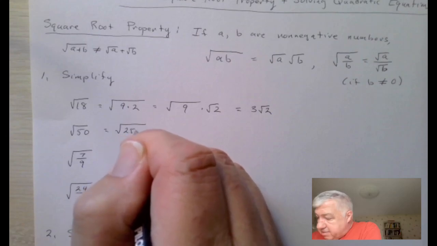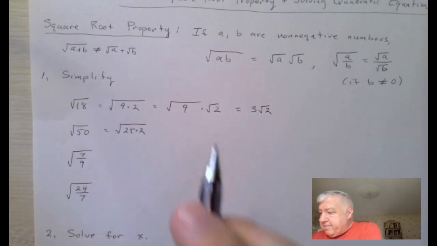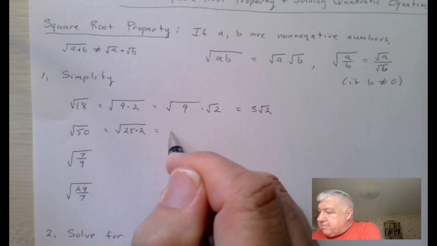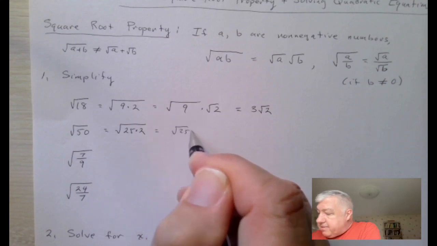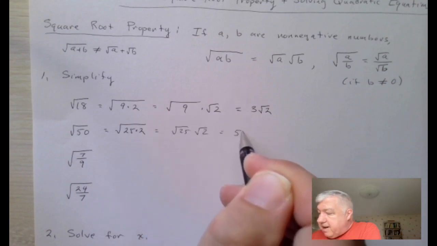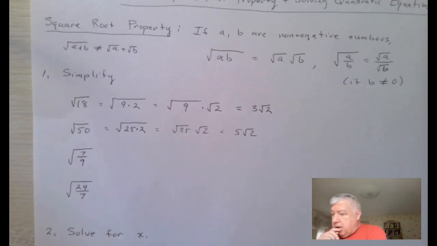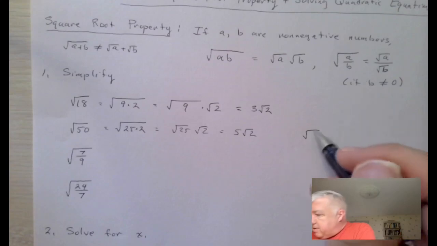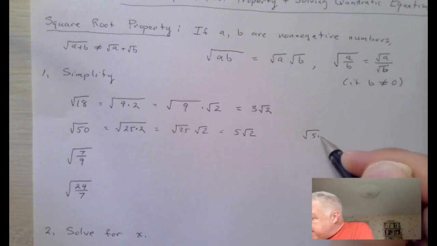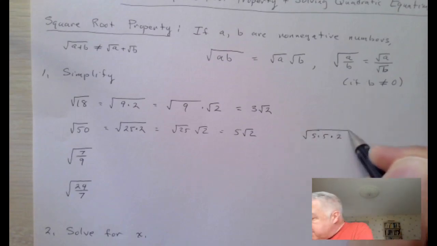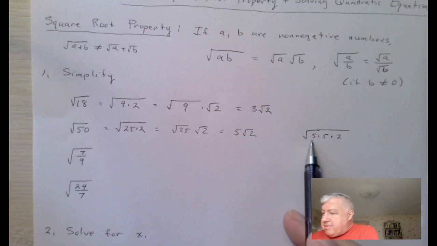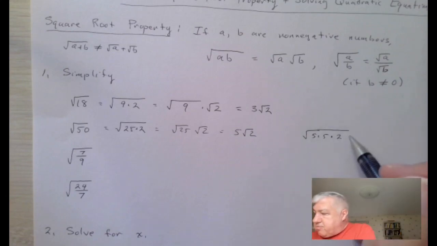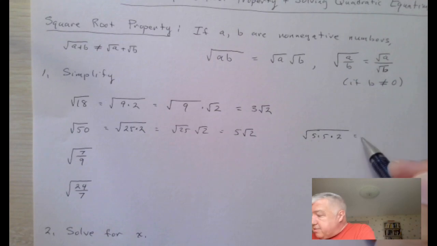You can factor it this way, and then this will be the square root of 25 times the square root of 2, which is 5 times the square root of 2. Notice that if you wanted to do this a different way, you could have also said 50 is 5 times 5 times 2, and you would have gotten the same thing. You would have said that this is 5 squared, and the square root of 5 squared is of course 5. So this would be the same thing.